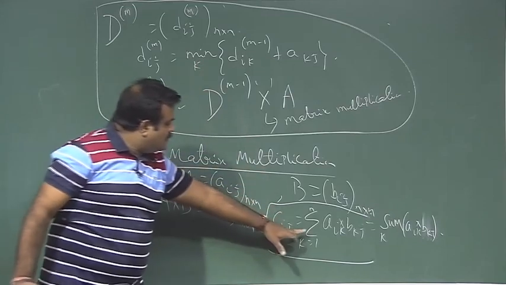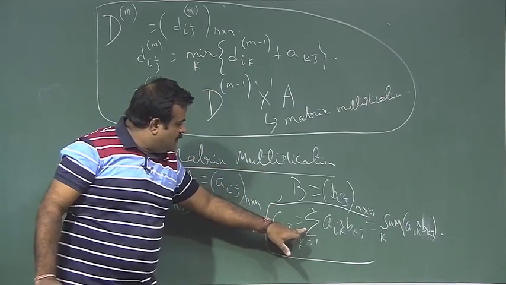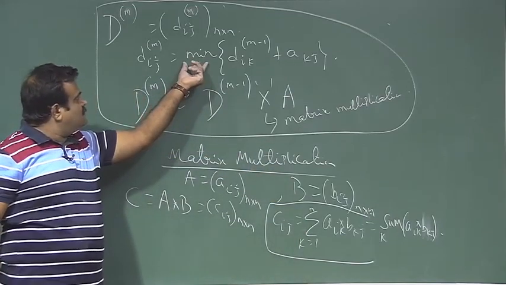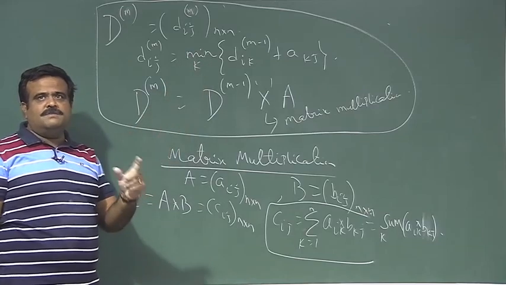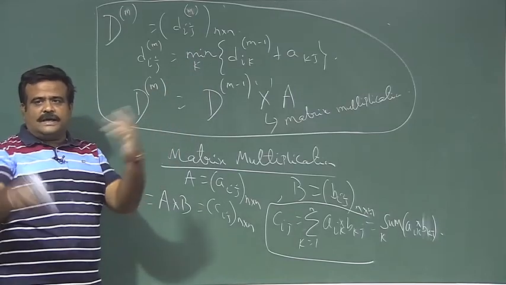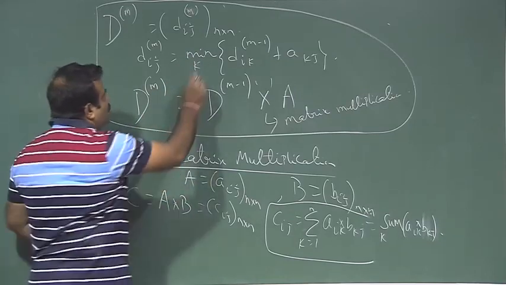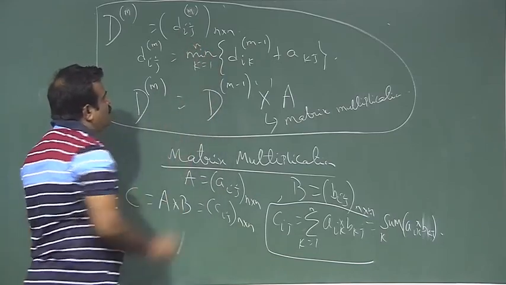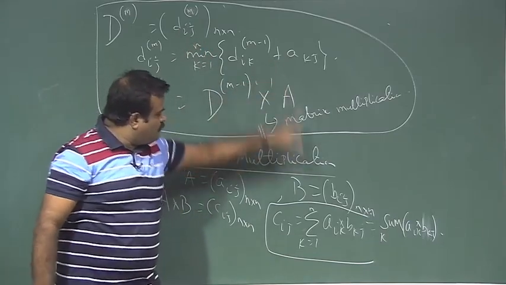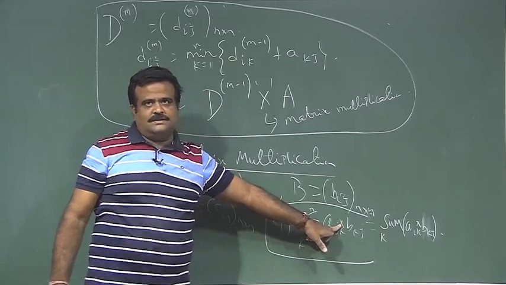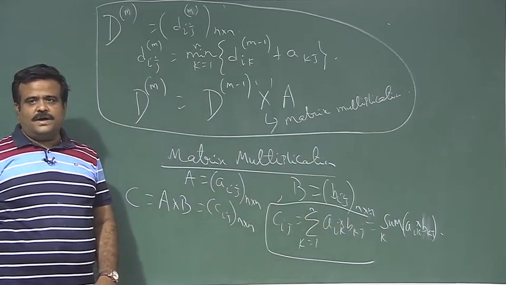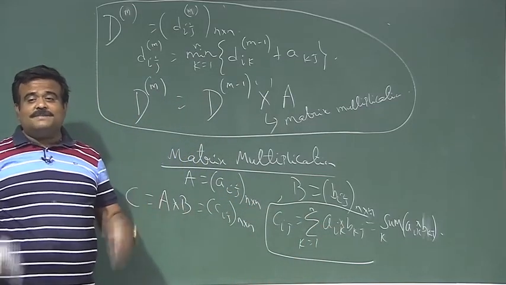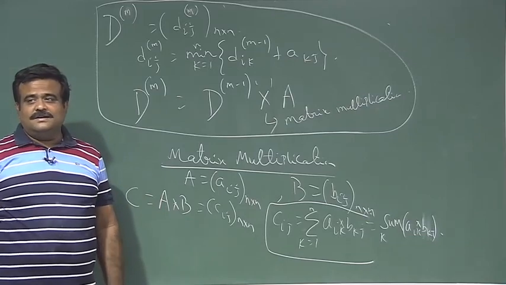Instead of the sum operation, suppose we think of a minimum operation, the minimum among all k's, where k varies from 1 to n. And if we replace the real number multiplication by addition, then this is nothing but a matrix multiplication.